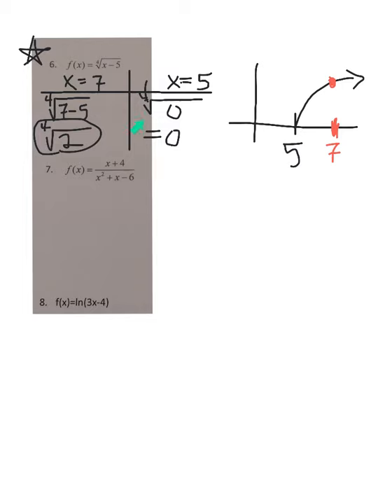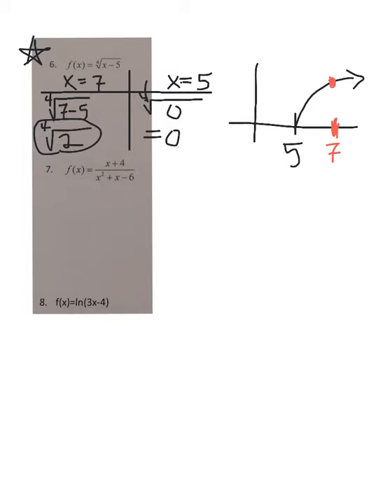Now, this is why the answer is not 0, because remember, continuity, the very first thing we have to look for is the limit from the left and the limit from the right. Well, if we're at x equals 5, look at this. The limit from the right approaches 0, but there is no limit coming from the left. So if the limit from the left doesn't even exist, obviously the limit at x equals 5 can't exist either.